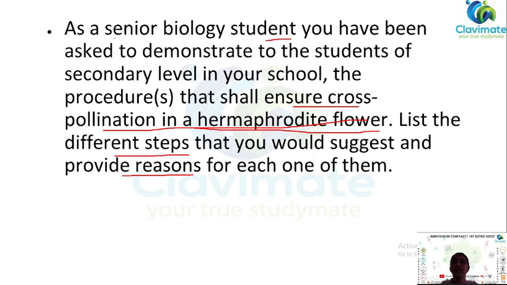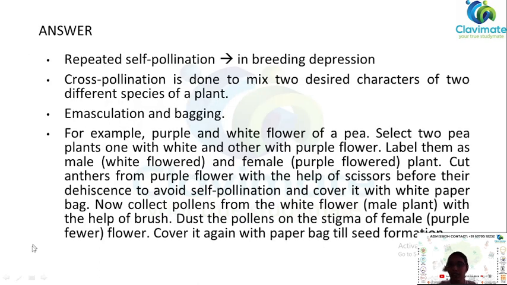Coming to the answer, you have to first explain why self-pollination is not advisable. If a plant undergoes repeated self-pollination, there occurs inbreeding depression. The seeds produced may be infertile, or they will give rise to poor plant production.